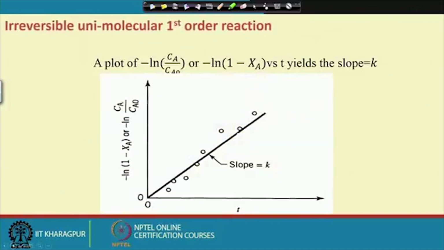Now if you plot ln of 1 minus Xa versus t, we will get a straight line plot, and the slope will give you the value of k. So we can easily, in case of first order reaction, find out the k value of the chemical reactions.